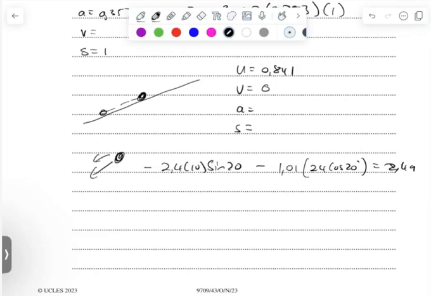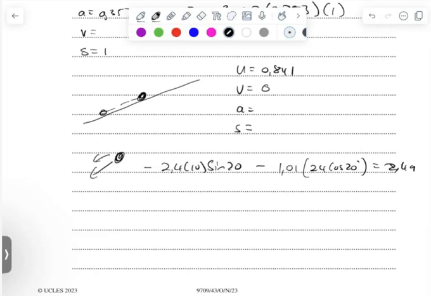That's 20 divided by 2.4. Okay, that gives us, I'm seeing that looks like quite a large acceleration. I just want to double check it, something doesn't look right. So minus 24 sine 20 minus 1.01 times 24 cos 20, divided by 2.4.